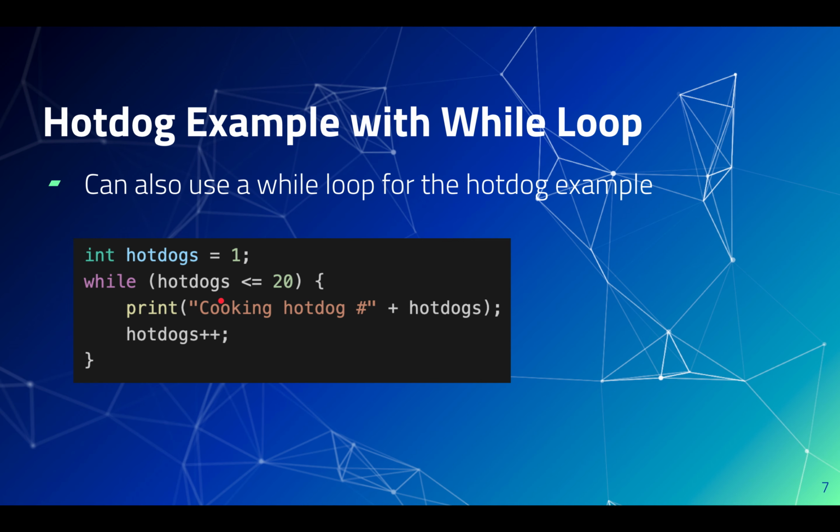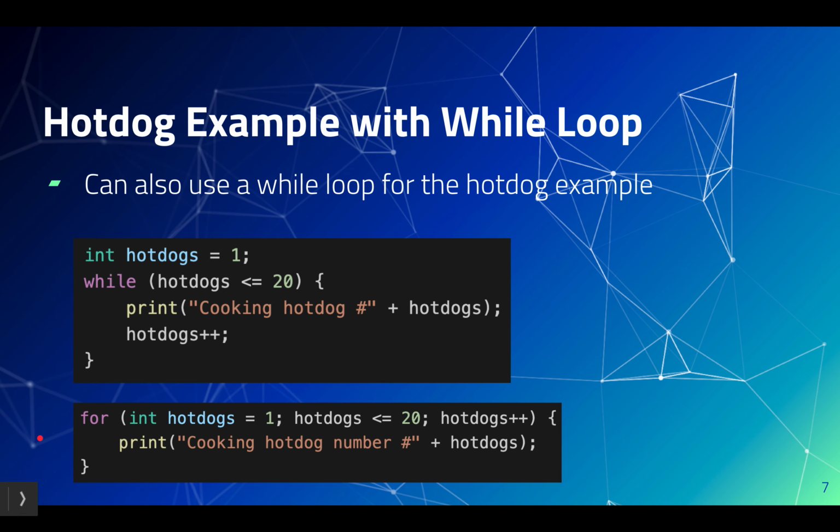So as long as the hot dogs is less than or equal to 20, this code will keep running. Then we print the number hot dog that we're currently cooking, and then we increment this variable so that it goes up, and this condition will eventually change and be 21, and then the loop will stop running.